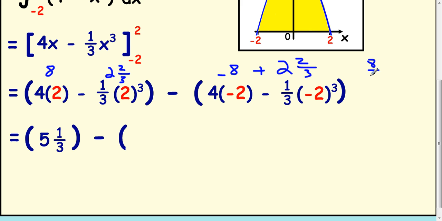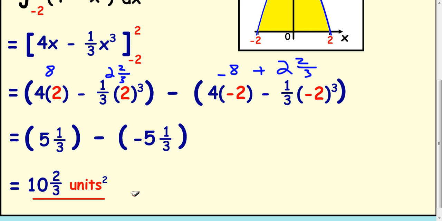Remember, think how many 3's go into 8, and 2 with a remainder of 2, so that's why that's 2 and 2/3. So negative 8 plus 2 is negative 6. Now negative 6 plus 2/3 is negative 5 1/3. So because you're subtracting a negative, that becomes add, so 5 1/3 plus 5 1/3 is 10 2/3 units.